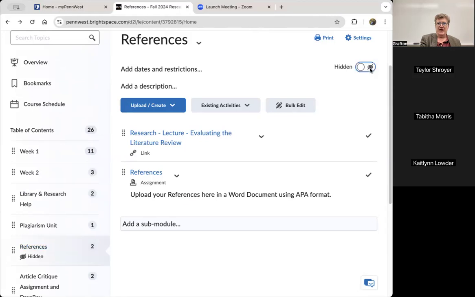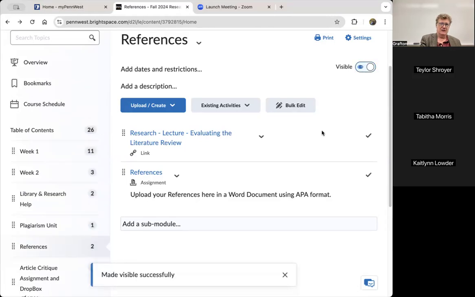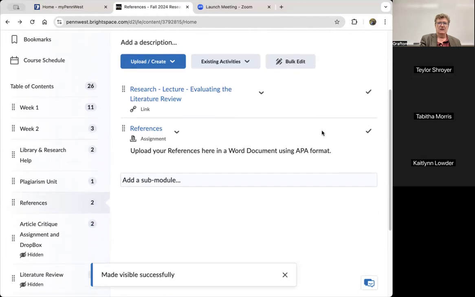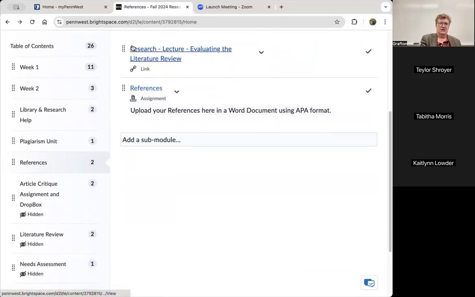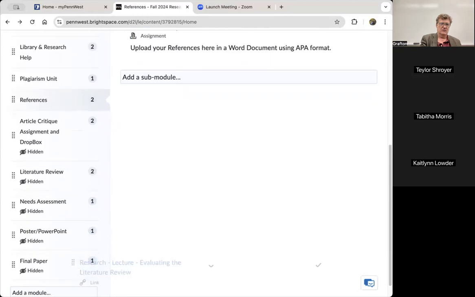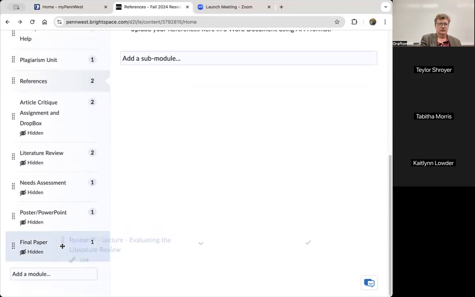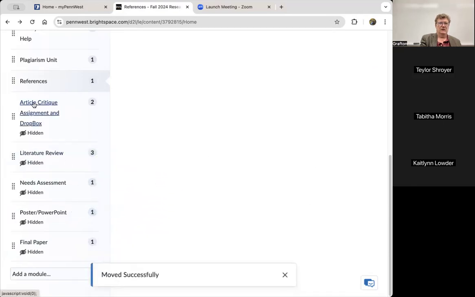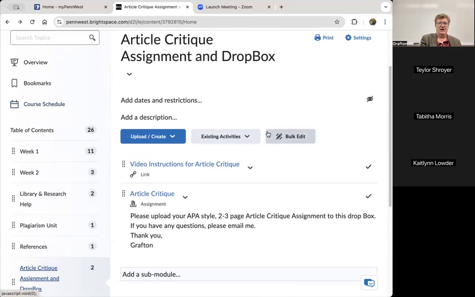I'm going to open that now so I don't forget. And then there's the article critique assignment and Dropbox.